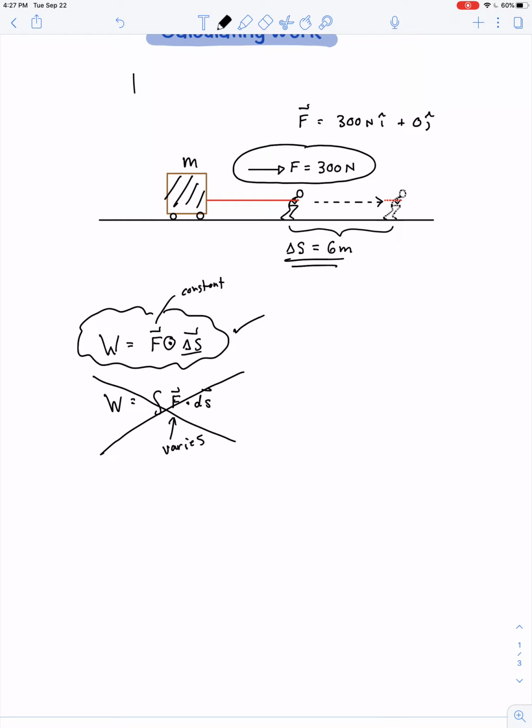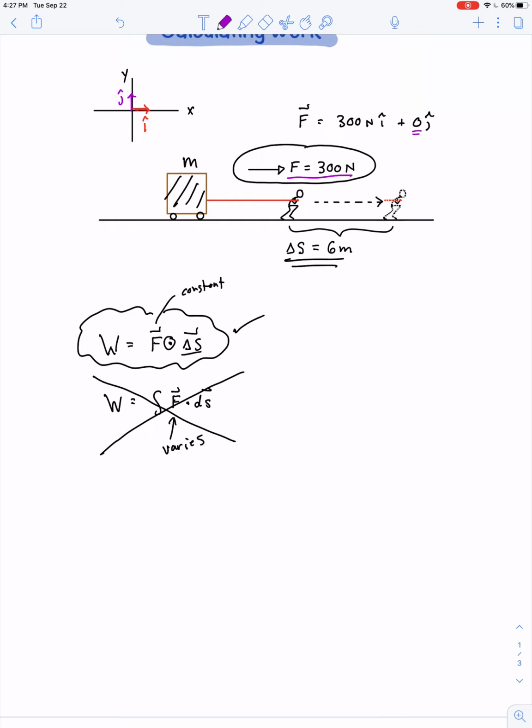After all, we're working with a coordinate system where the x-axis is horizontal and parallel to the ground, and the y-axis is vertical. And we know that a vector exactly 1 unit long, lying along the x-axis, is named i hat, and a vector exactly 1 unit long along the y-axis is named j hat, and this 300 newton force is applied entirely along the x-axis.